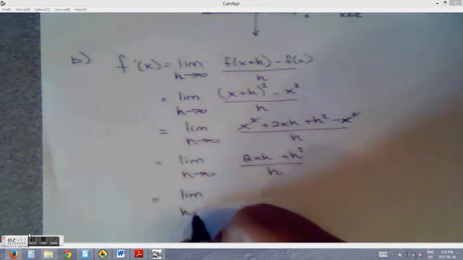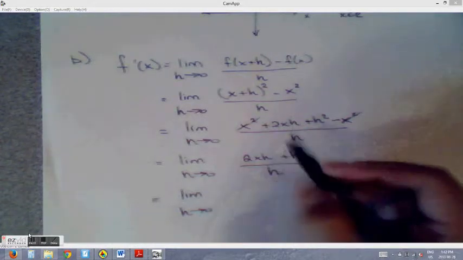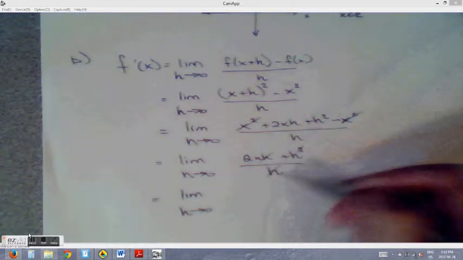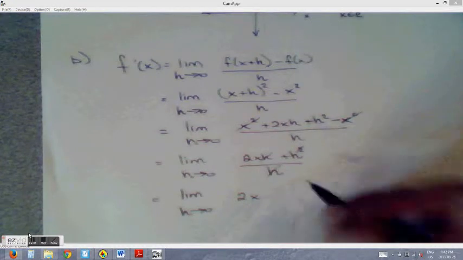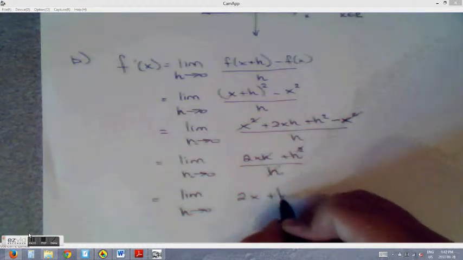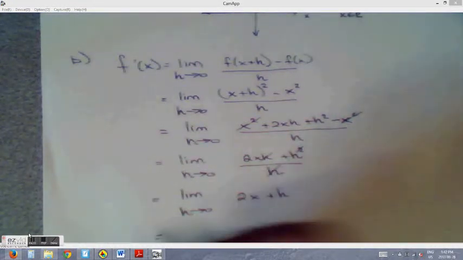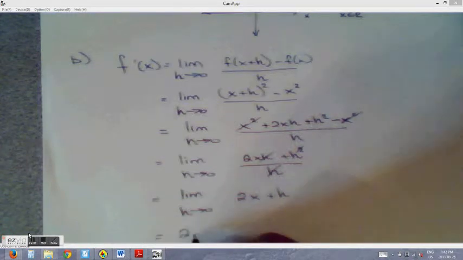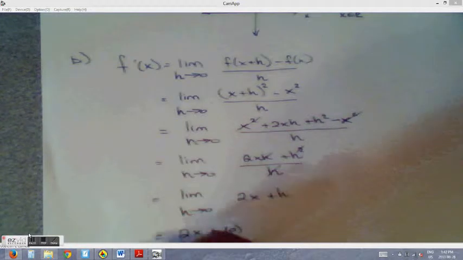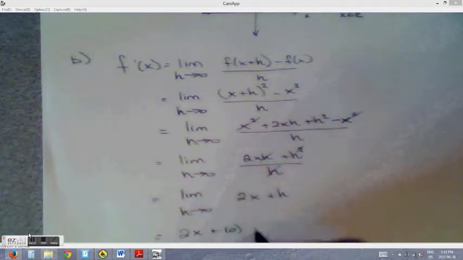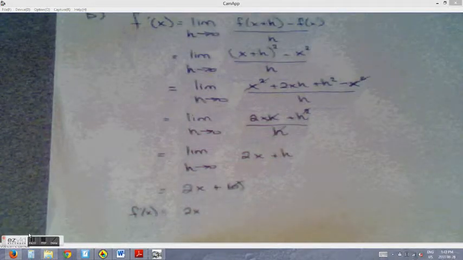So the limit as h approaches 0, and I'm going to cancel, just to save us a little bit of time. Here we go. And we're now going to evaluate the limit by subbing in 0. That just leaves us with 2x. So f prime of x is equal to 2x.